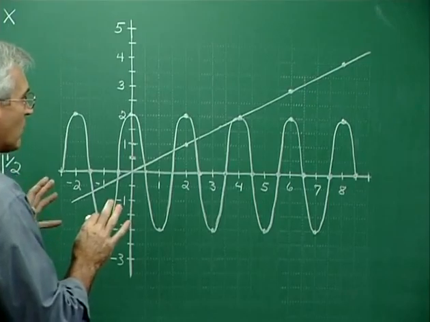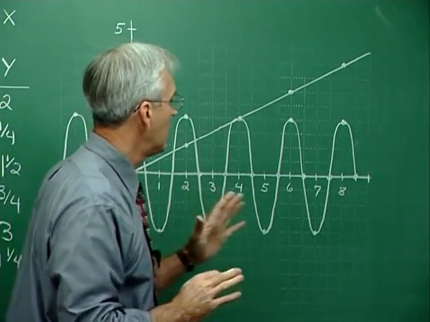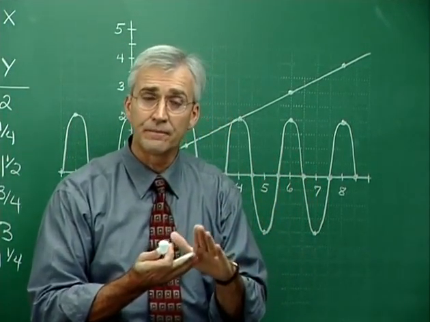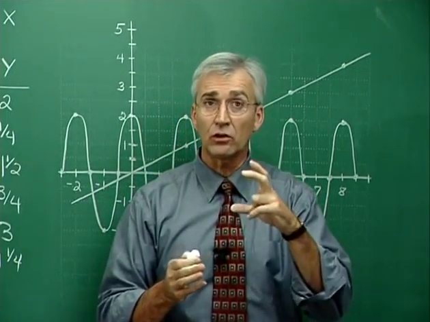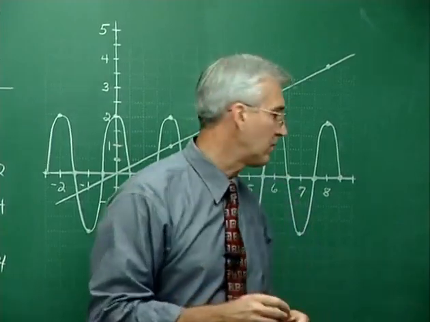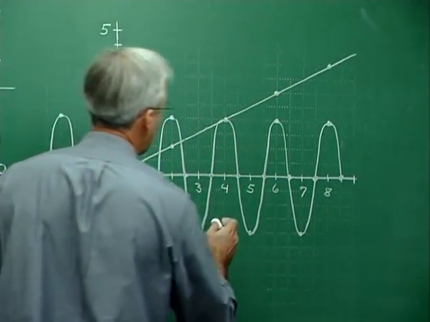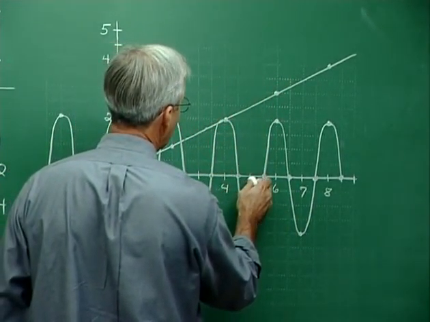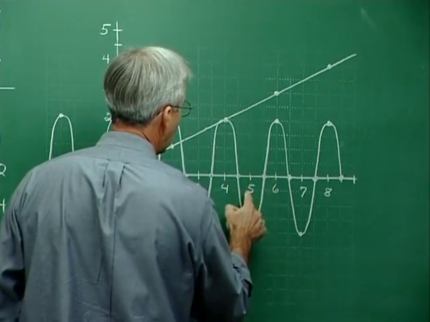Now, the way that we generate points for the sum of these two is to add vertical distances at every point on the graph. For example, I think a convenient point is this one right here at 5.